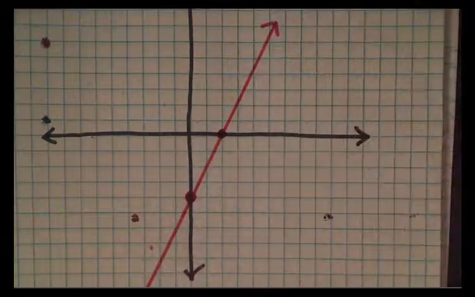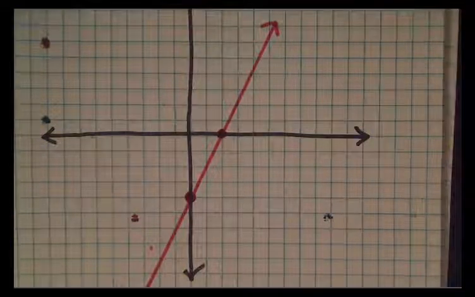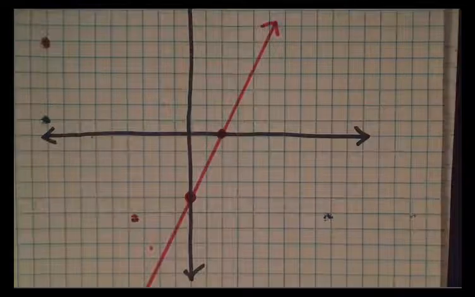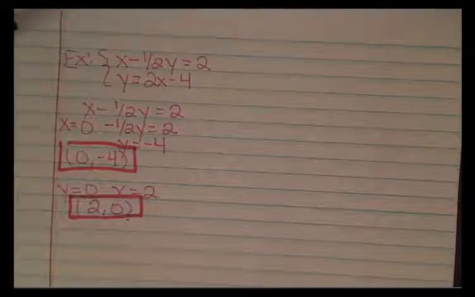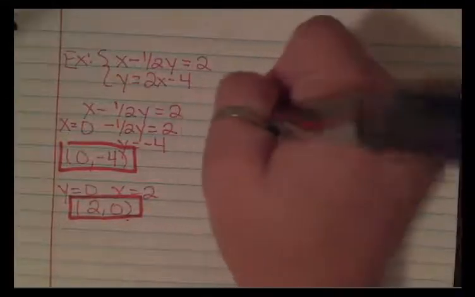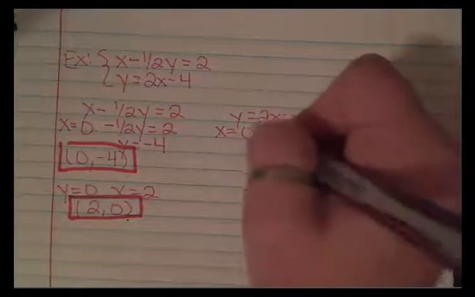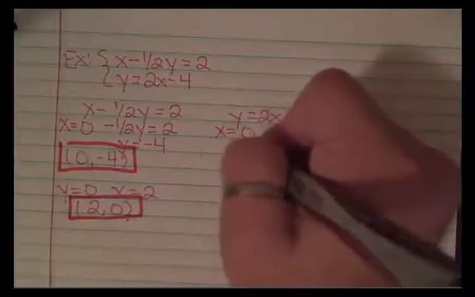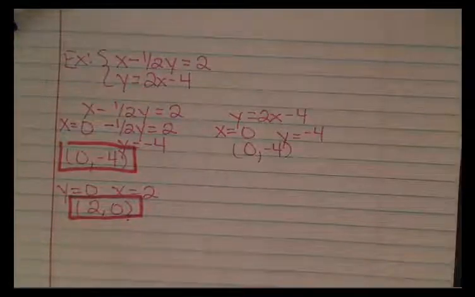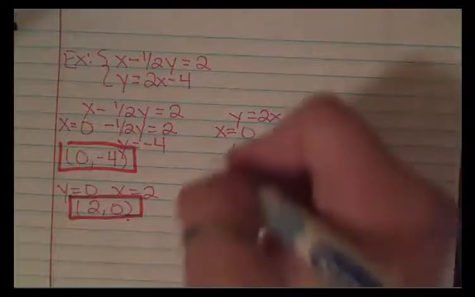Now I need to determine the solution for my blue line. So my second equation was y equals 2x minus 4. If I'm letting x equal 0, then that's going to leave me with y equals negative 4. So my point is 0, negative 4 for my blue, which if you notice is the same point as my red one.